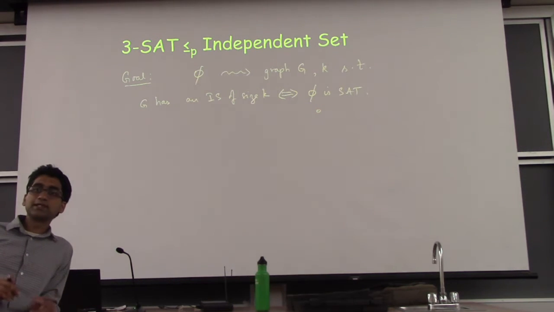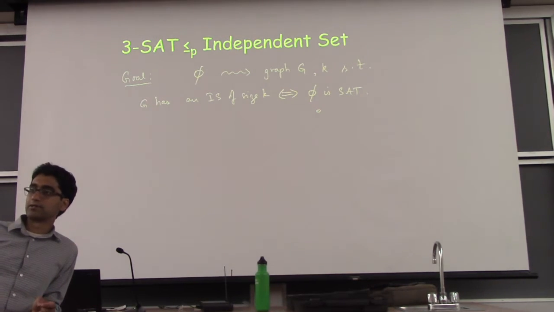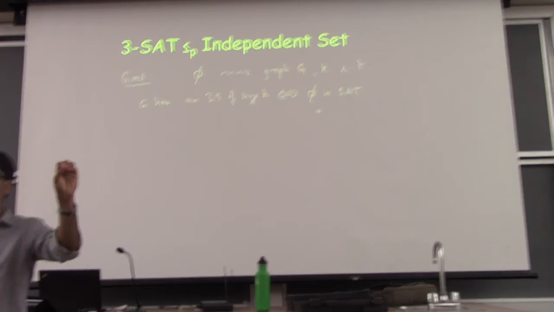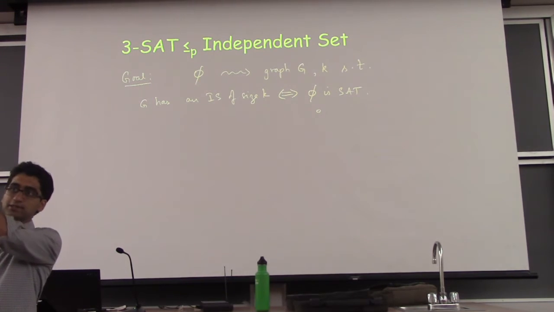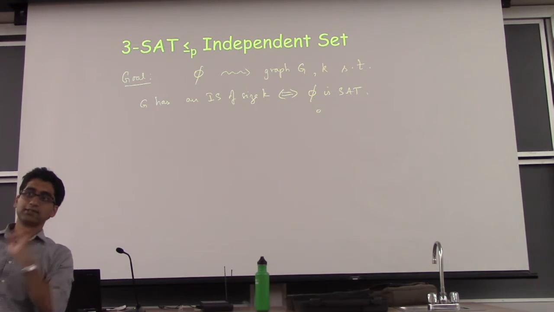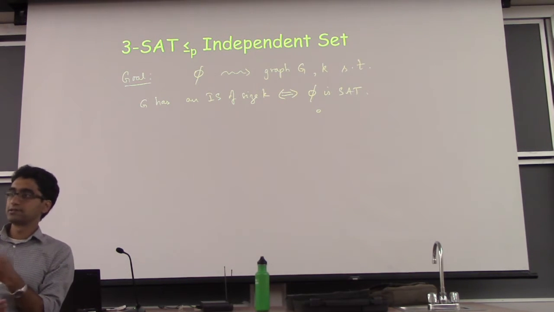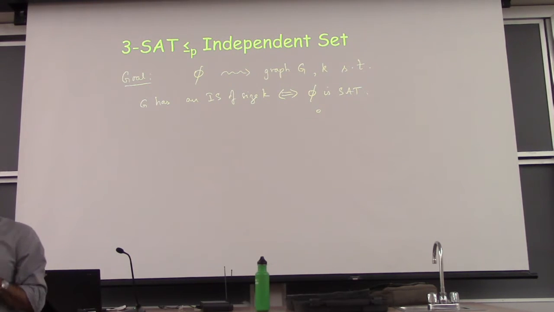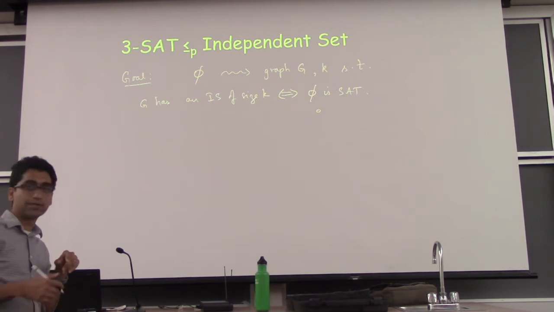This is exactly what we mean by a reduction. You start with an instance of one problem, you come up with an instance of the other, such that this is yes if and only if this is yes. So this is the definition of a reduction. Any questions on this?